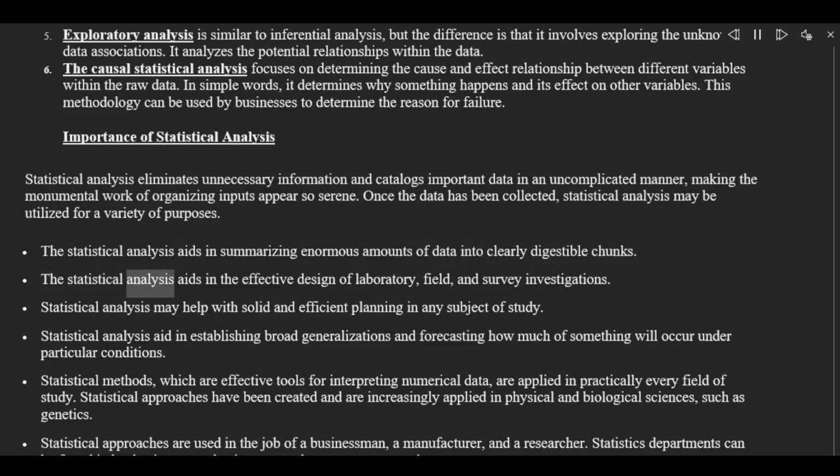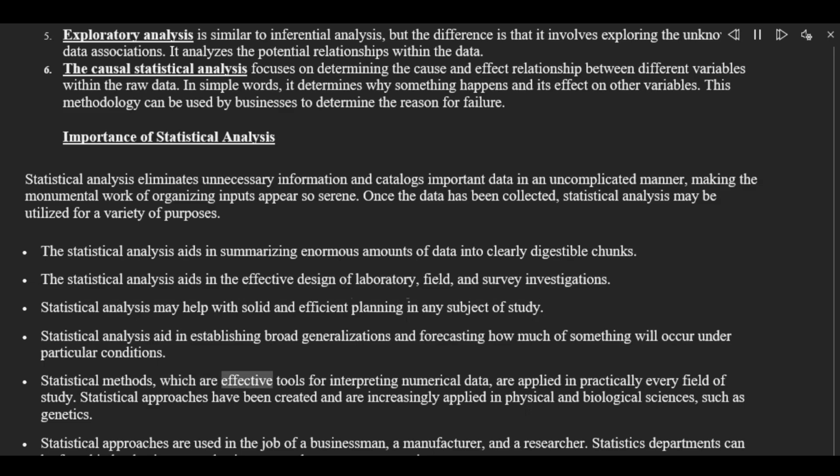It aids in the effective design of laboratory, field, and survey investigations. It may help with solid and efficient planning in any subject of study. It aids in establishing broad generalizations and forecasting how much of something will occur under particular conditions.